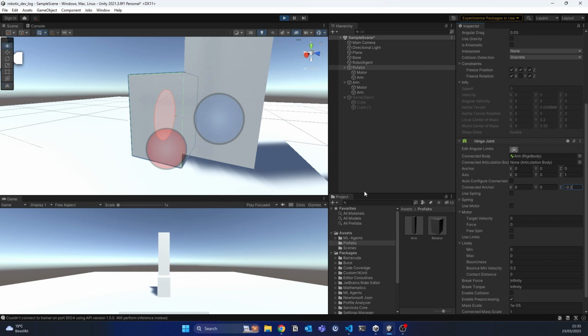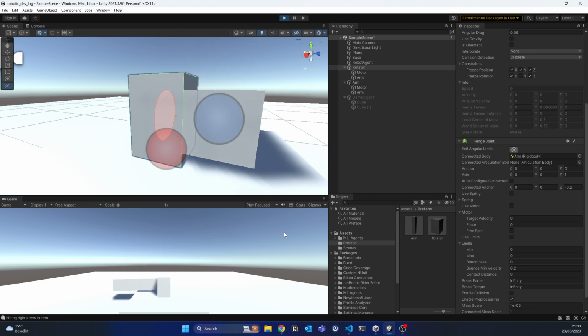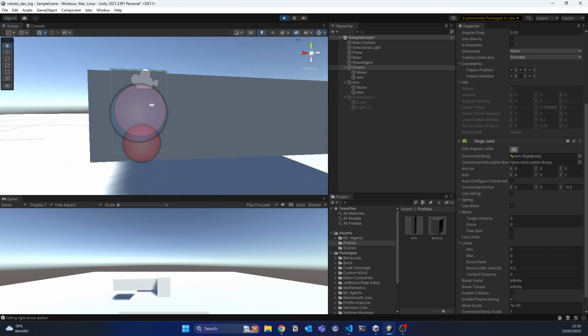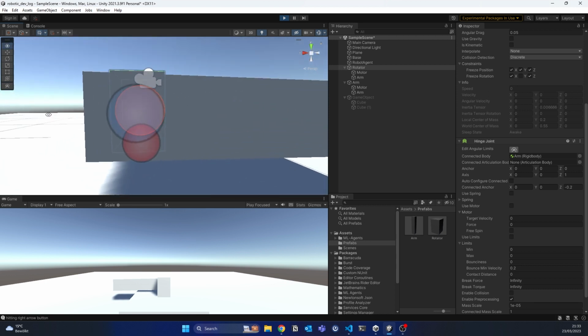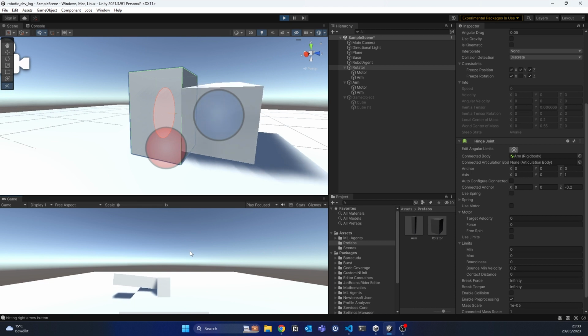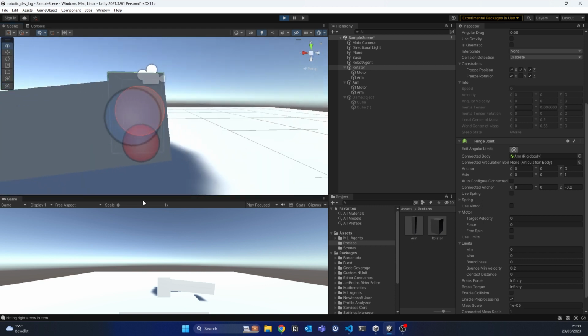Let's say this is 0.2, and then what happens here? I don't know. So how does this look? Definitely turns around this axis, but is this the axis we wanted to turn around? I think so, actually. Okay.